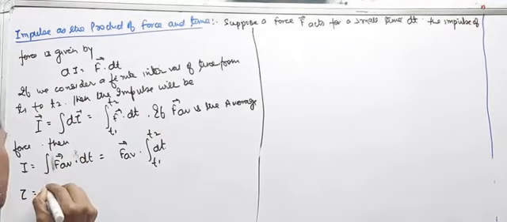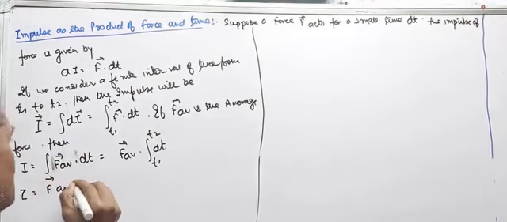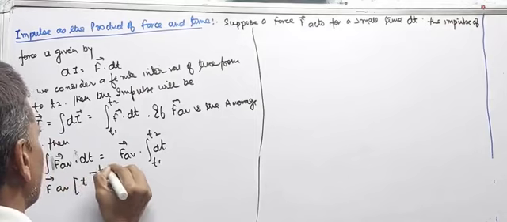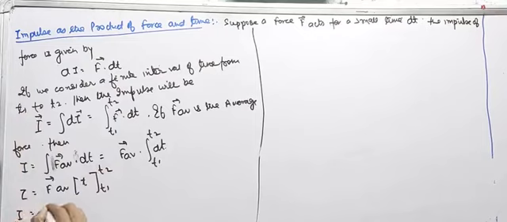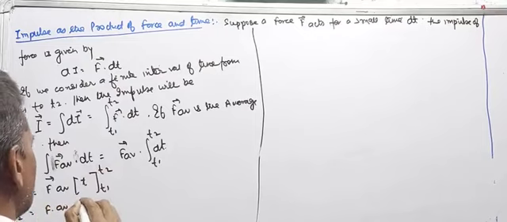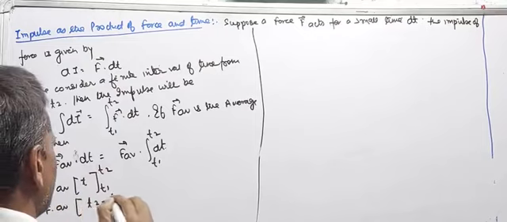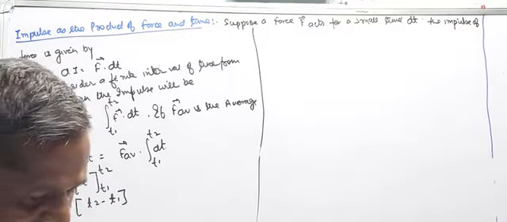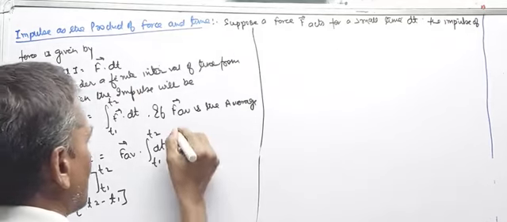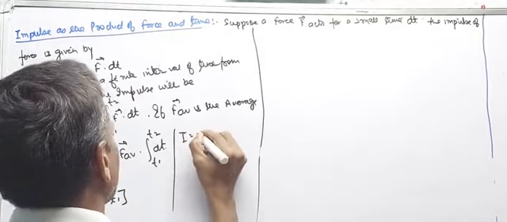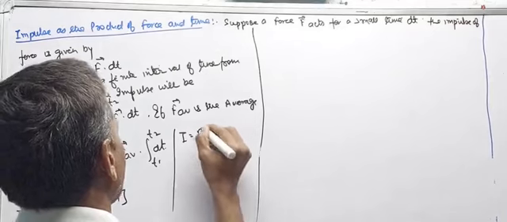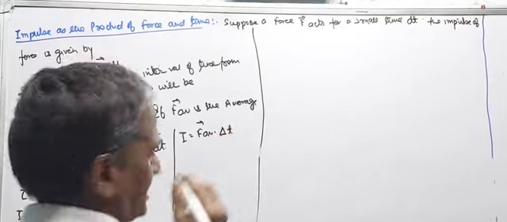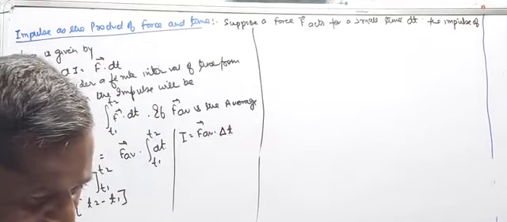Then I becomes F average into (t2 minus t1), that is, impulse becomes F average dot delta t.